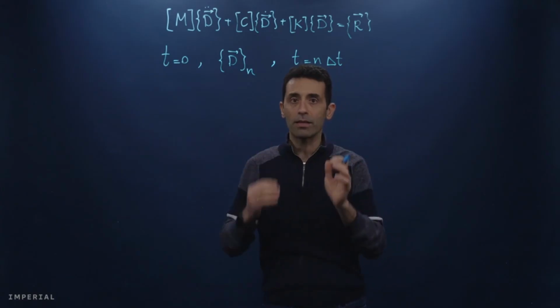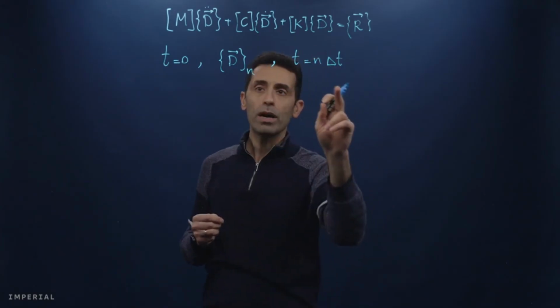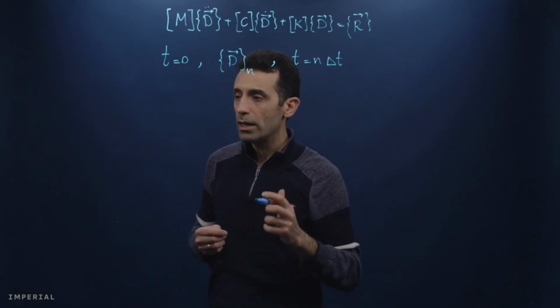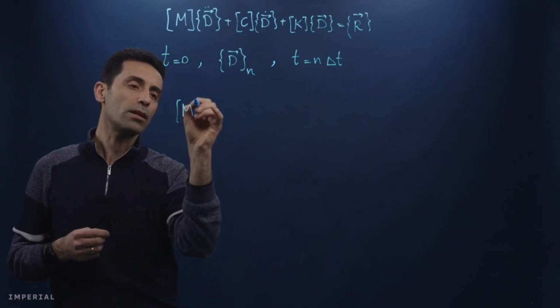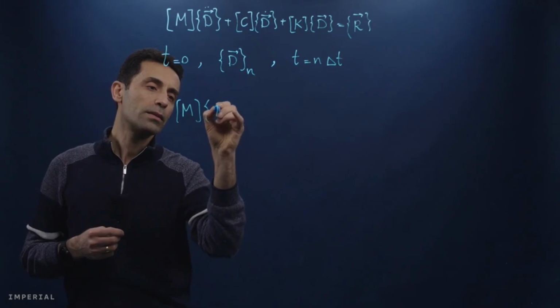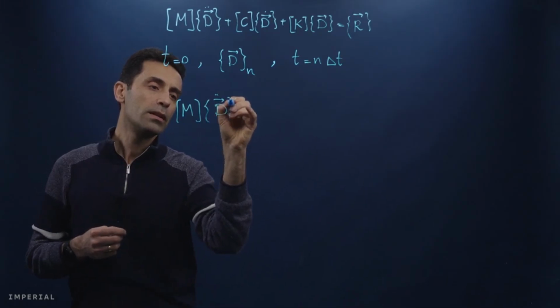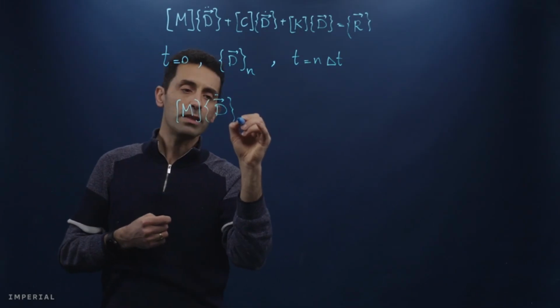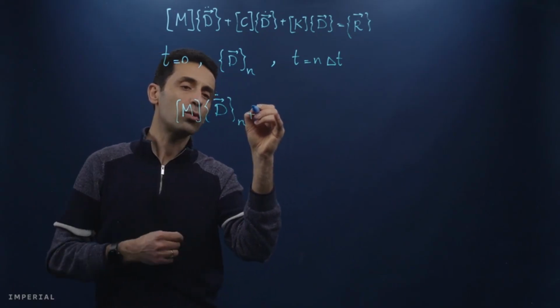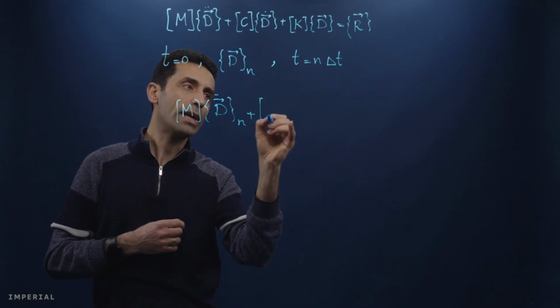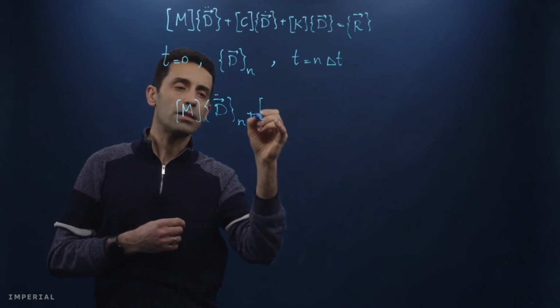So if I consider that as the time where we are concerned about our unknown, then I can write that equation of motion for that time, which would be this d, but this is at time n. So this is the vector of nodal accelerations at time n, which is n delta t.